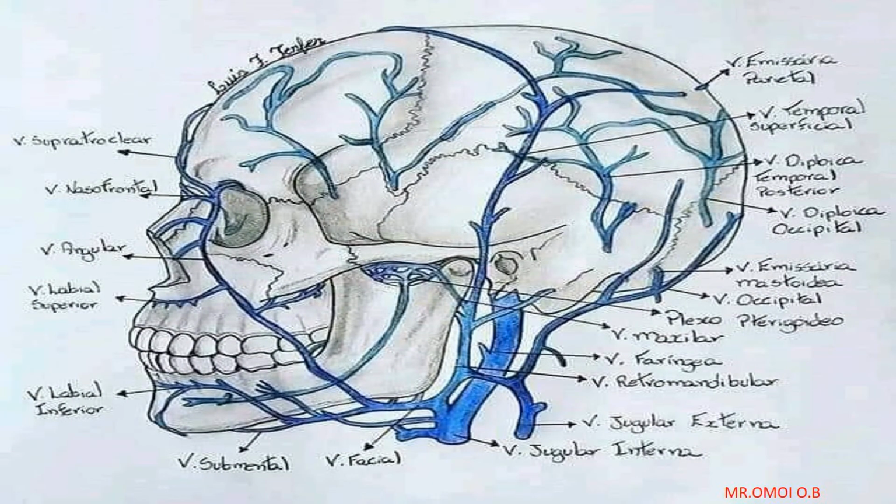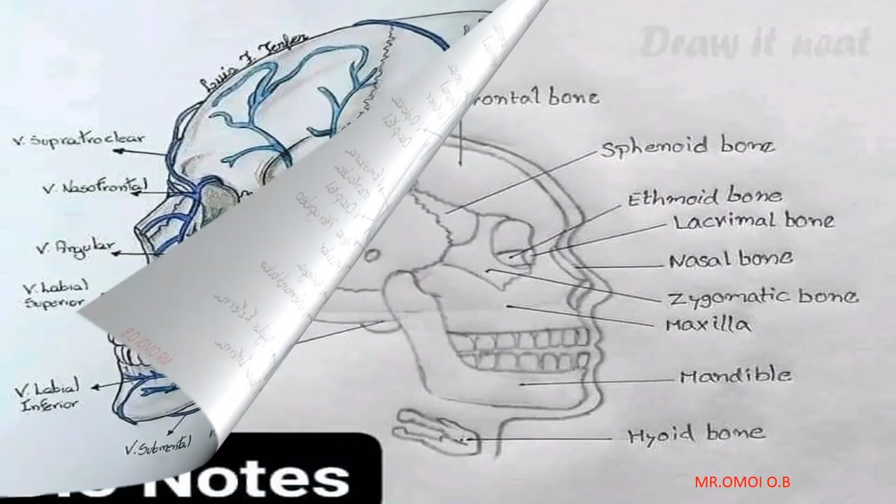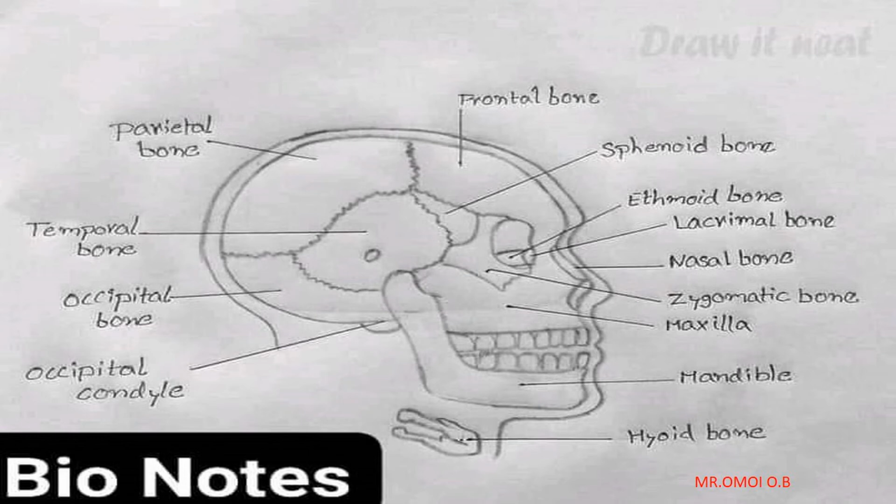I am going to begin from the bone that forms our forehead, and this bone is called the frontal bone. So that bone forms our forehead. At the back of our head, at the back of the cranium, at the back of the skull, we have two main bones.